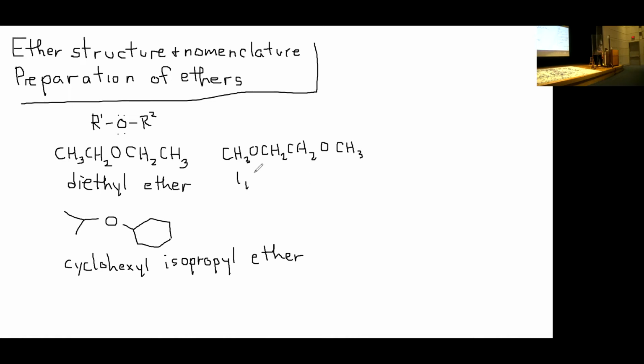So I would say if there's multiple oxygens, it is okay to use this type of nomenclature. You will sometimes find it that way. Remember, though, that in my exam, at least, it's multiple choice, so there should be one best answer, dimethoxyethane. That's another pretty commonly used ether solvent.